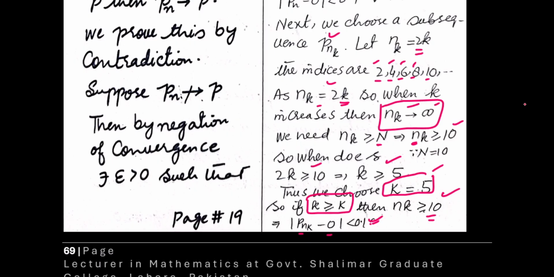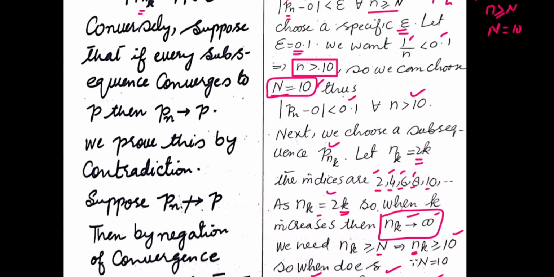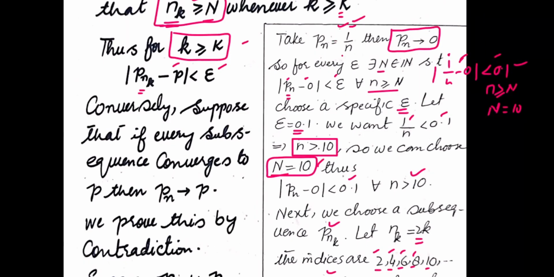Further, you can directly evaluate. If you find its second term, this is 1 by 2, that is 0.5. If you find its fourth term, this is 1 by 4, that is 0.25. If you find its eighth term, this is 1 by 8, this is 0.125.